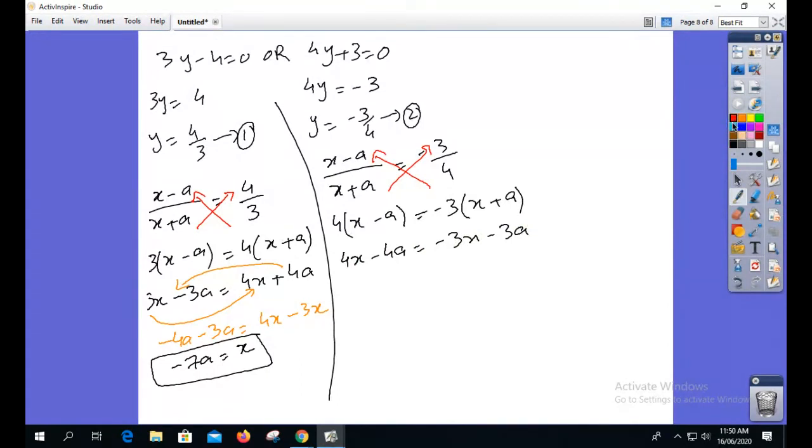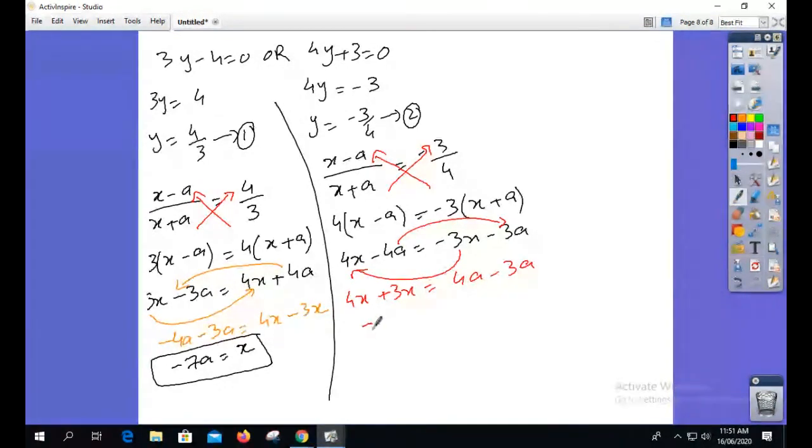Again, we switch minus 3x from here to here and minus 4a from here to here. We have 4x plus 3x equals to 4a minus 3a.